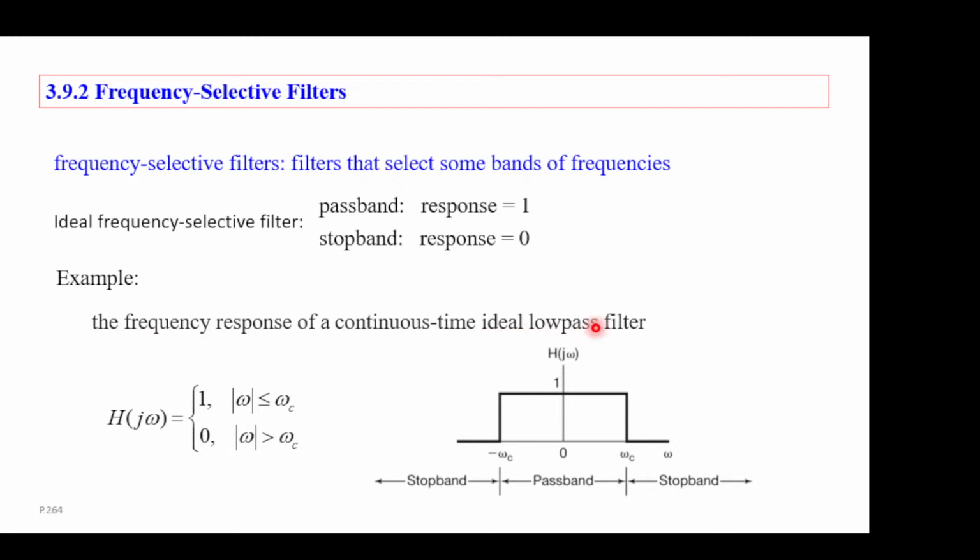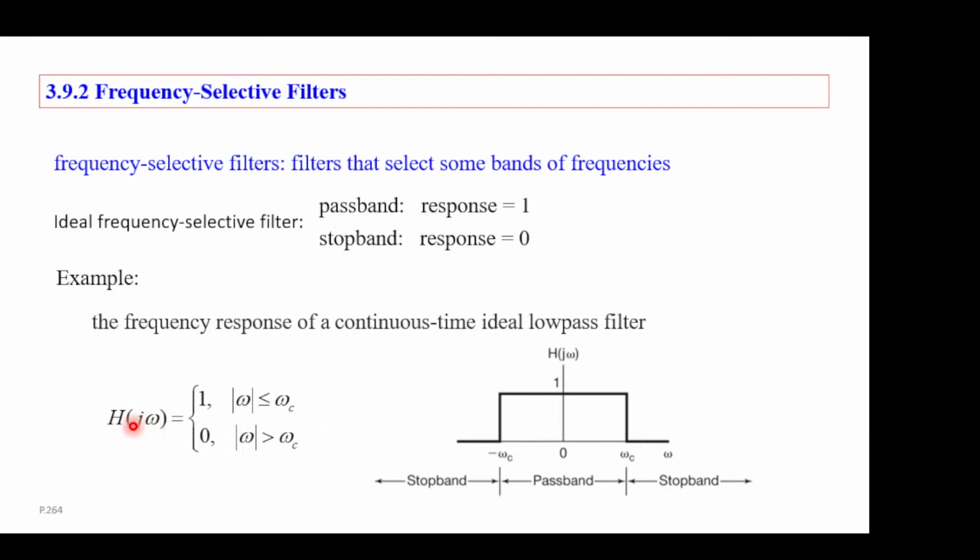And here is an example of a low pass filter. A low pass filter means that you are keeping the lower part of omega, so your omega is between some range minus omega c and omega c. Okay, so this is a low pass filter.